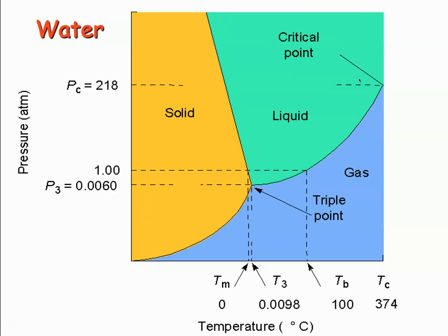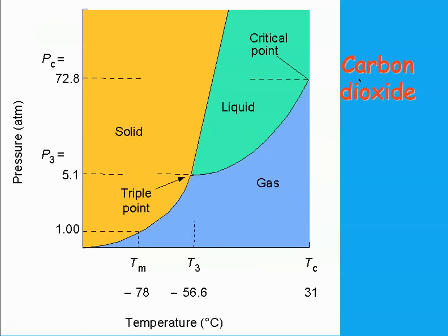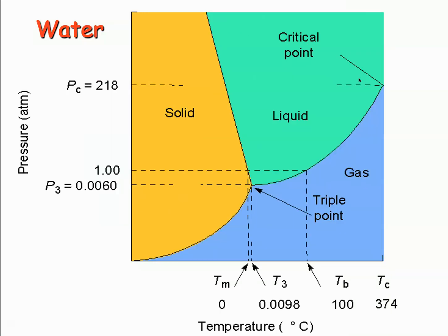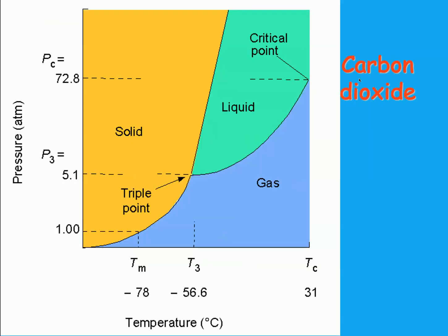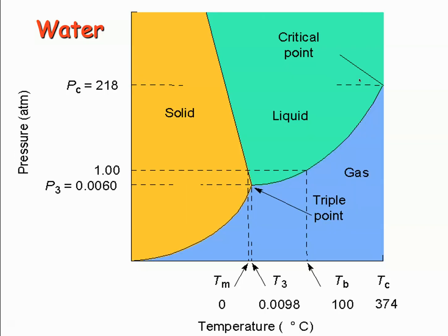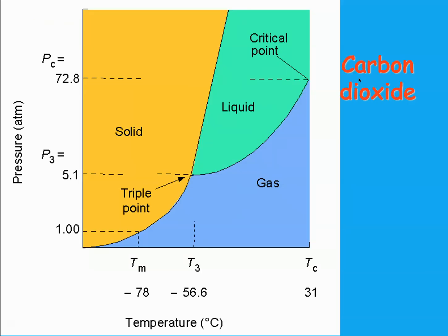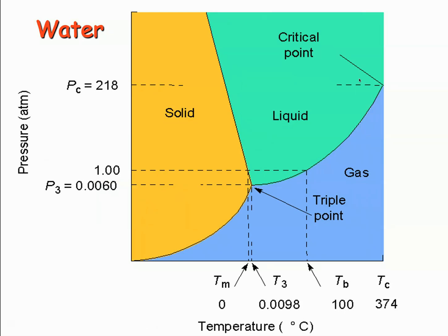Hopefully you noticed water has a negative slope and carbon dioxide has a positive slope. Water is one of the few substances that we know of that has this negative slope.